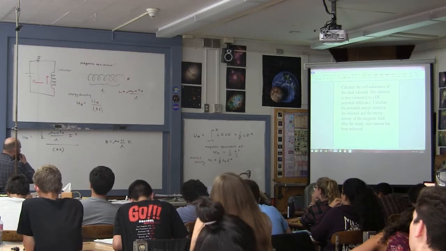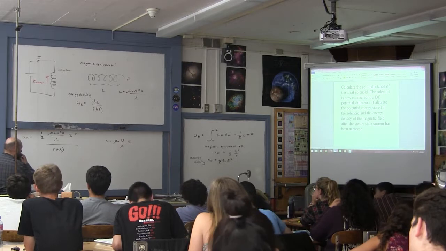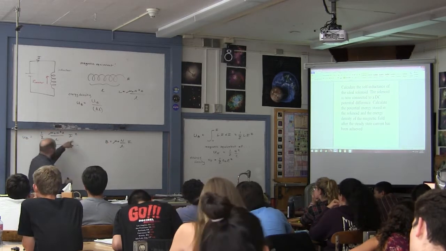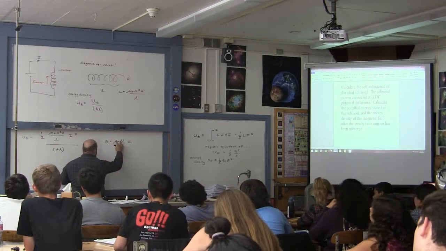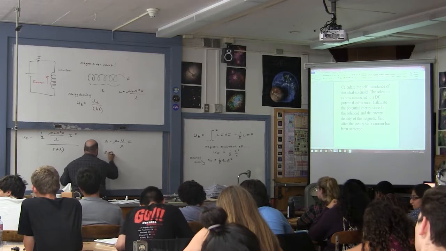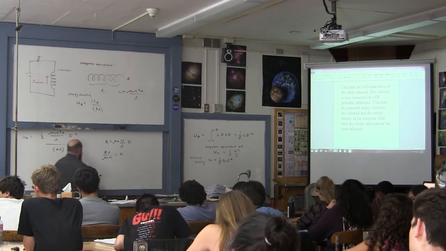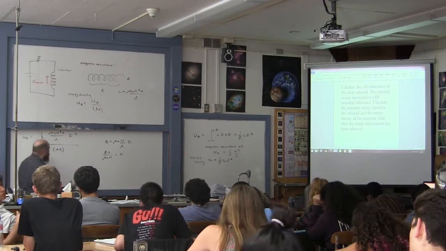How do I want to do this? I think what I'm going to do is solve it for I and stick it here. That's probably the easiest way to do it. So I'm going to take this up here and these down there, and square each of the terms. So you get kind of this.